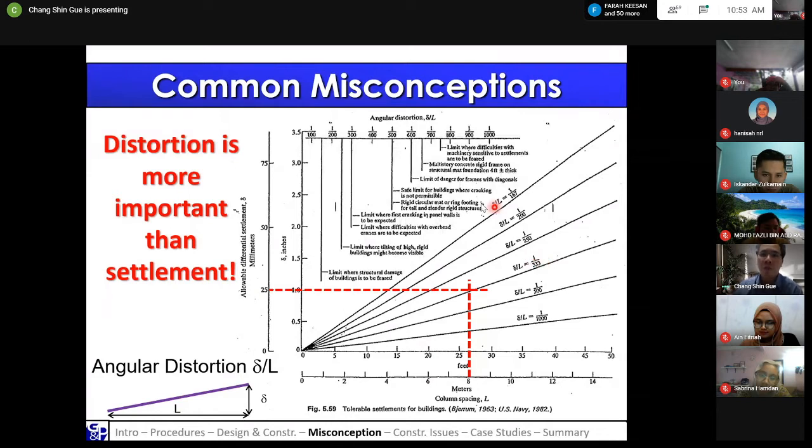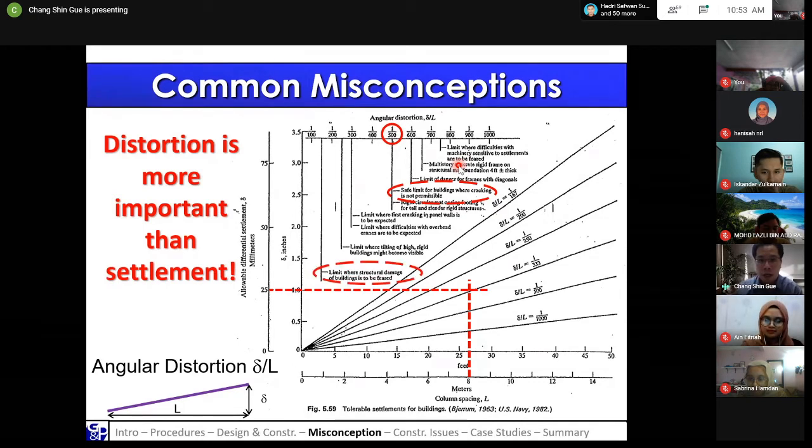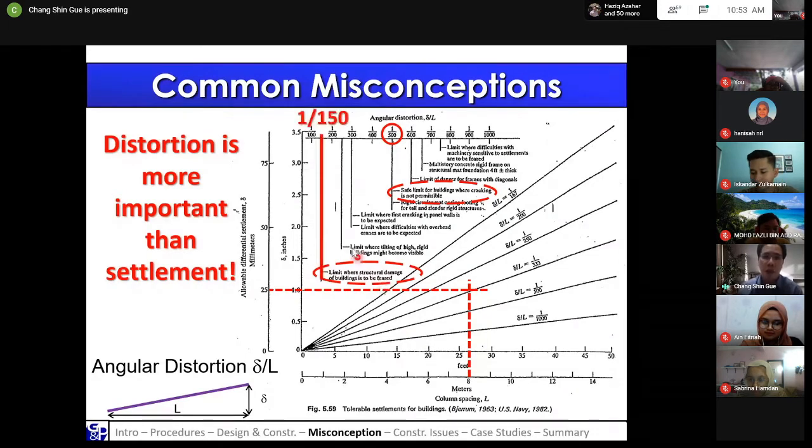Here we show that an angular distortion of 1 over 500 is the safe limit for buildings where cracks are not permissible. That means if you have any distortion less than 1/500, your building will not experience any cracks. The limit where structural damage is to be feared, when you're worried that your building might collapse, is a distortion of 1/150.